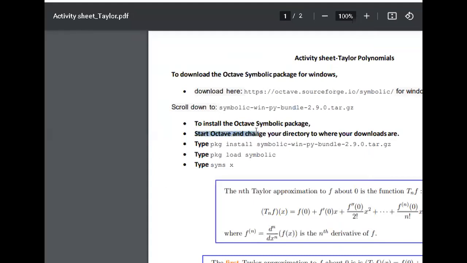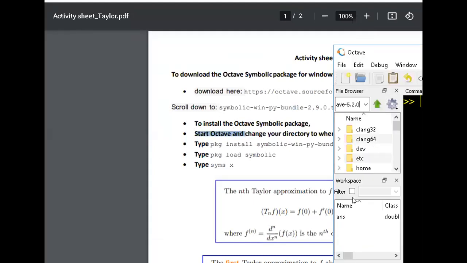So did you do that? You can change the directory from here to where your downloads are, right? So you know how to change the directory, right? So do those steps.